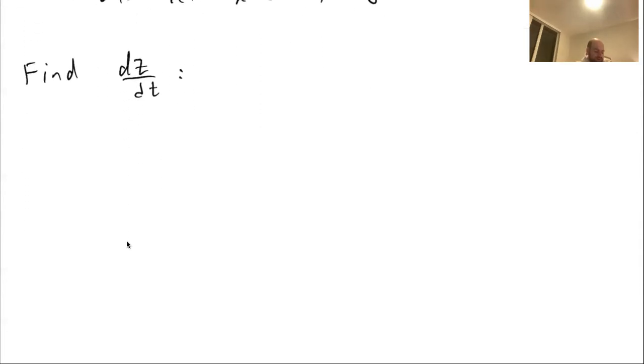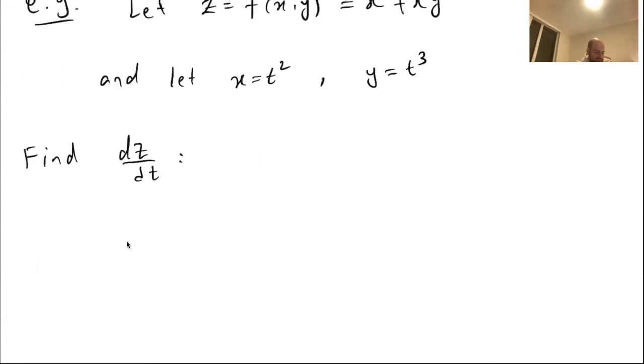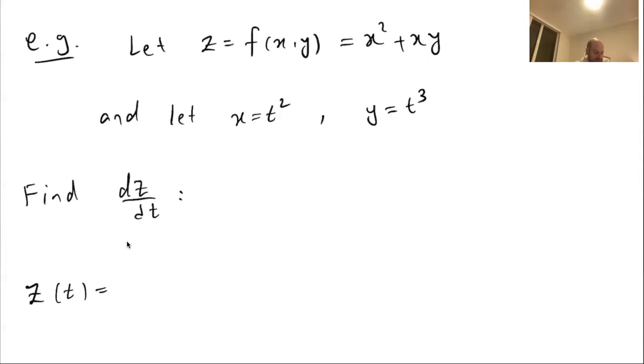So z as a function of time: z of t will be equal to, if I replace x with t squared, t squared plus t squared times t cubed, and that's t to the power 4 plus t to the power 5.